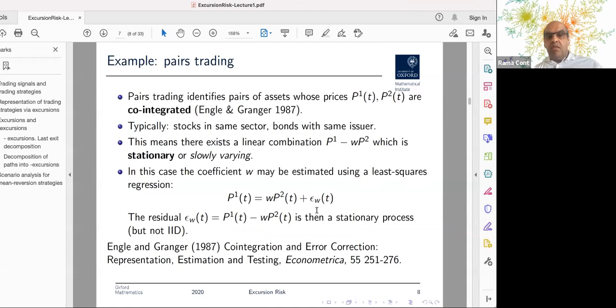If you don't include a constant, this can have non-zero mean. But it's not an IID process in general. It's a stationary process, but it's not necessarily IID. Stationary means that it's going to have some mean reverting property. Otherwise, it's going to just go to infinity or minus infinity. So this is the idea of co-integration, again, very well known in econometrics and widely used in trading.